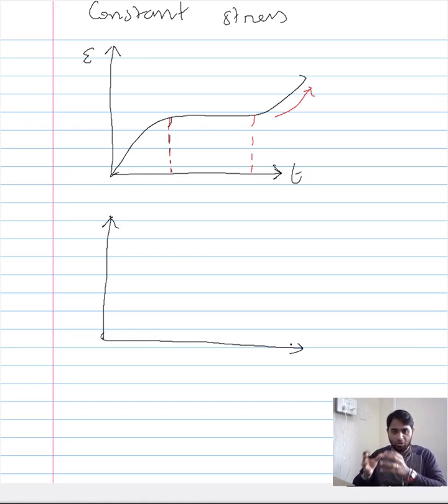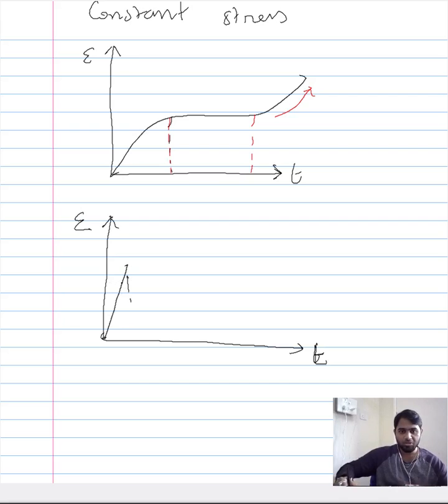In response to that sudden load, there will be an instantaneous elongation. That would mean that in this region the slope of the strain-time curve, or the creep curve, would be exceedingly high, a really high increase in strain for a given small duration of time.